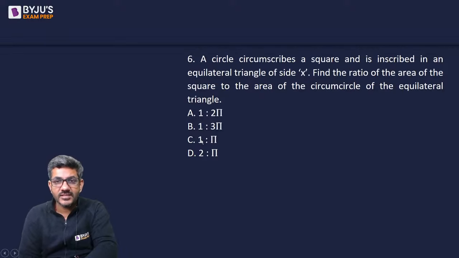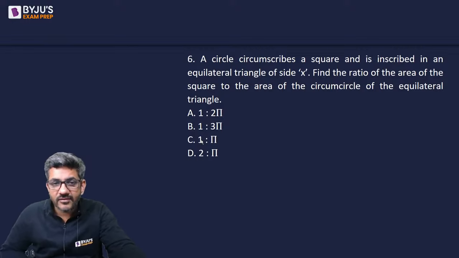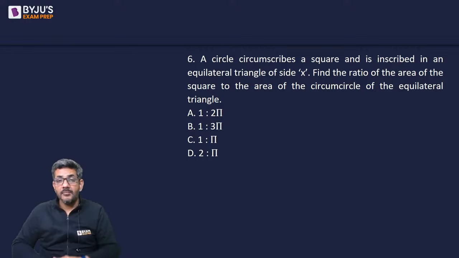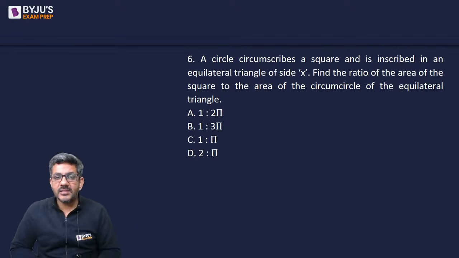Question number 6 is here. Please try to answer this as well. And these symbols are basically for pi, which look like a pi, but they are actually not pi. But here they are actually representing pi only.